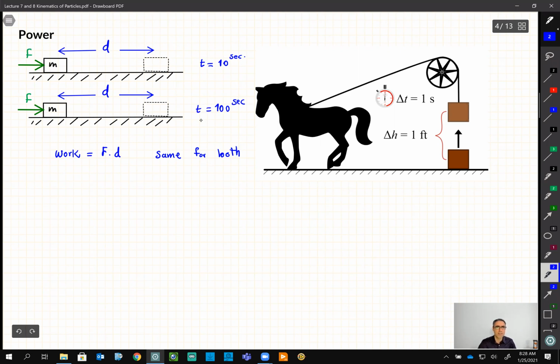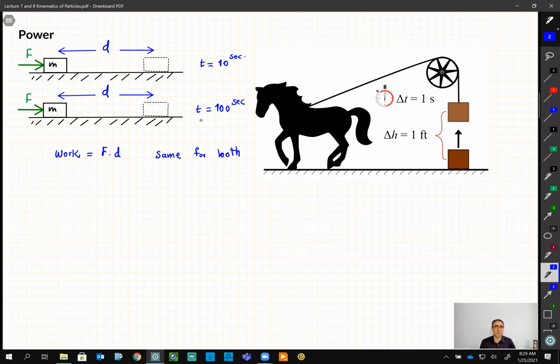Otherwise, it's not fair. Let's say two people are working in a company and they are moving boxes from the first floor to the second floor on stairs. There is no elevator. The amount of work they do is the same because the boxes are the same, so the weight is the same and the distance is the same. So at the end of the day, one of these guys is making 100 bucks, the other one 1,000 bucks.